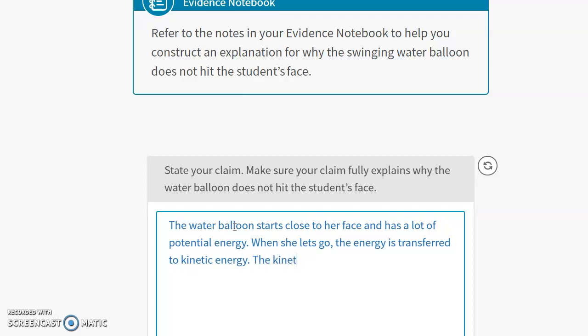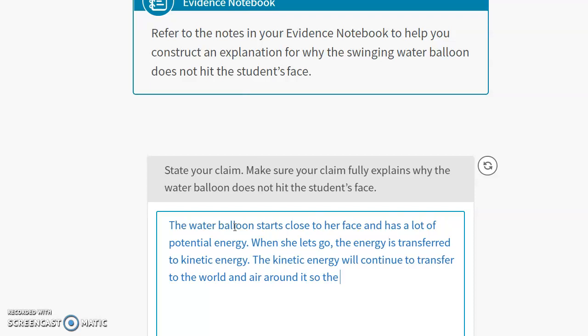The kinetic energy will continue to transfer to the world and air around it.